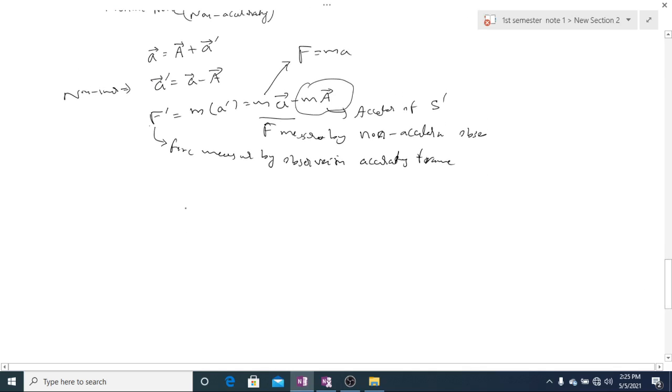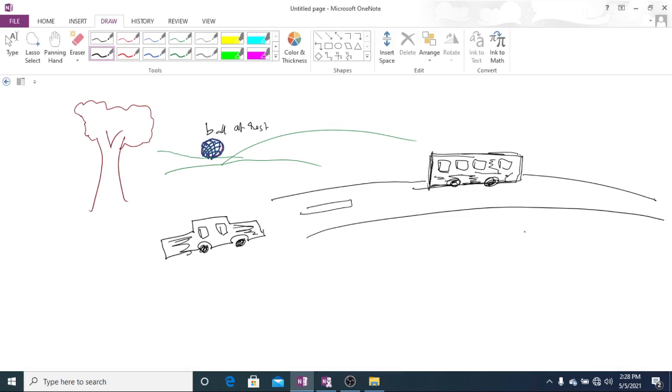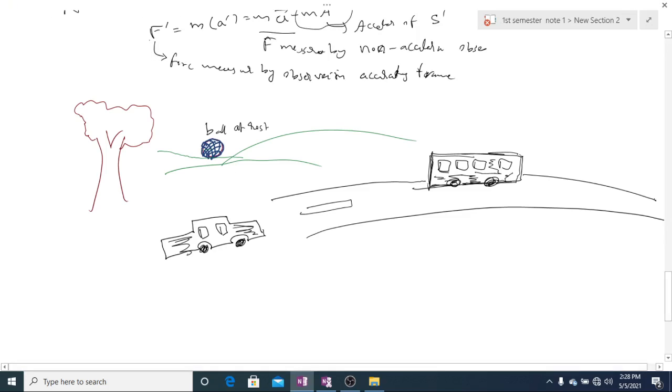For example, now take a practical example. Suppose this is a ball at rest on the ground, and this is a tree.